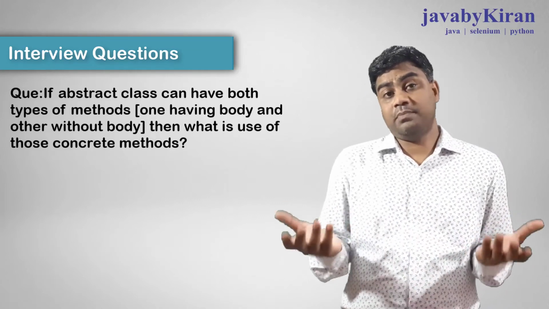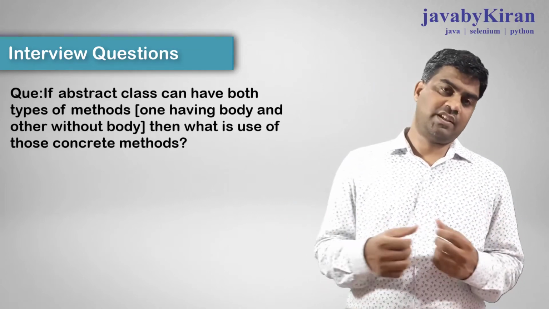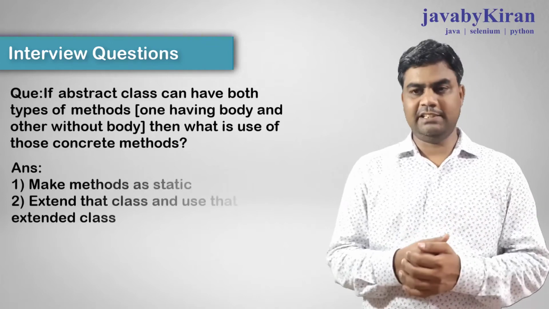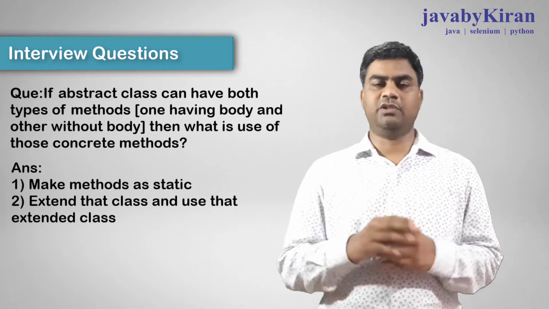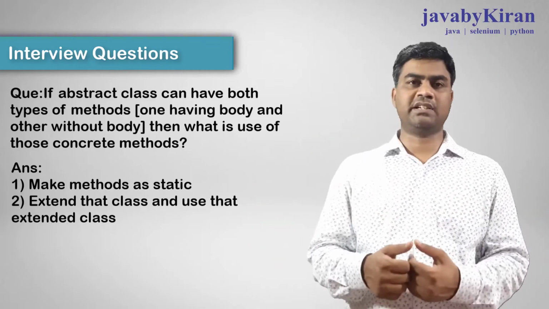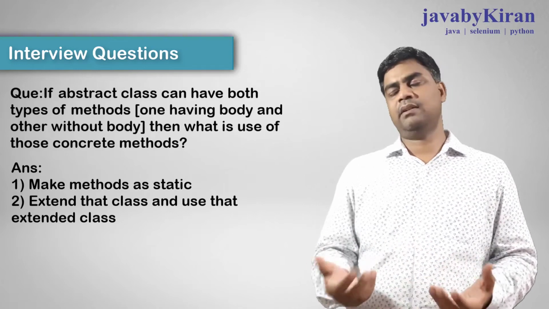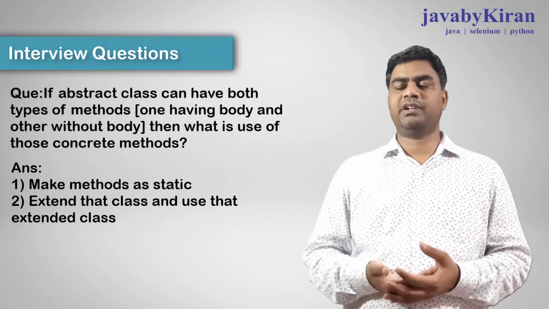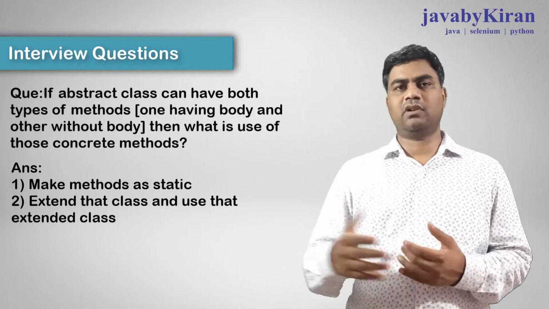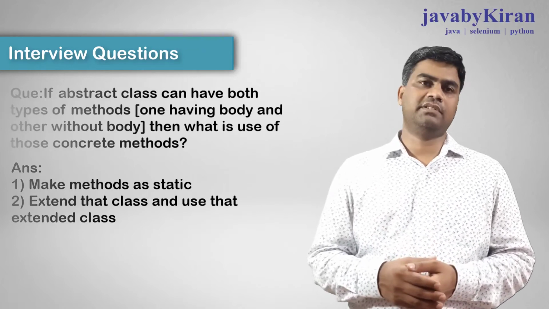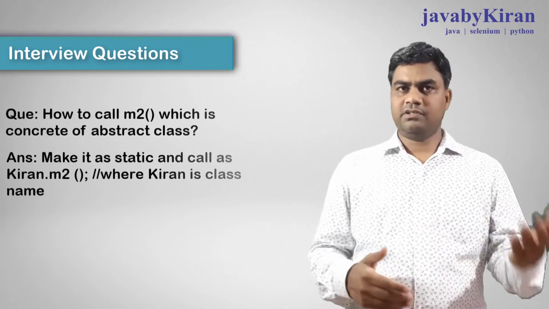As you cannot create an object, you should make those methods static. You can then call them directly by class name. You don't need to create an object, or otherwise you extend that class and don't override those methods. You create an object of the subclass and call those concrete methods. How to call M2, which is a concrete method of an abstract class? Just now I said the answer.